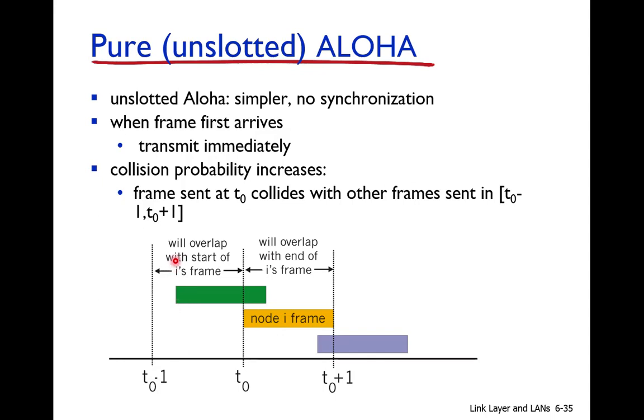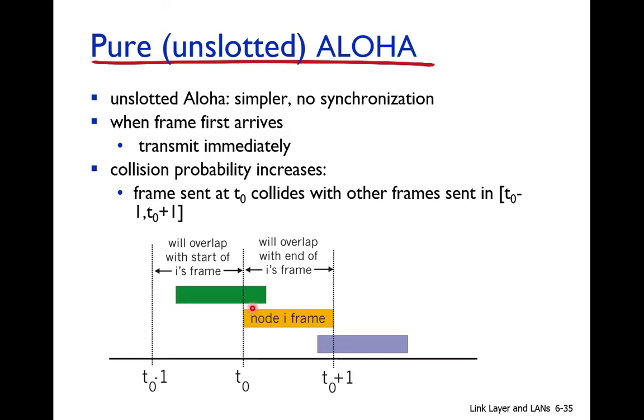Another disadvantage of this pure Aloha is that, for example, this green node started a packet transmission, a frame. And at this time another node starts its own frame transmission.